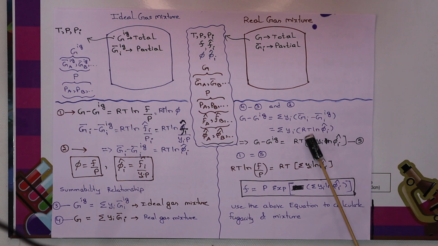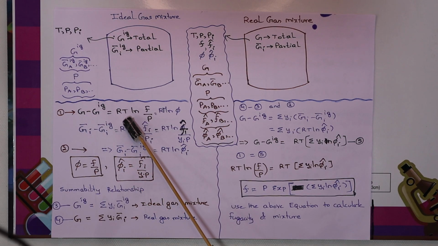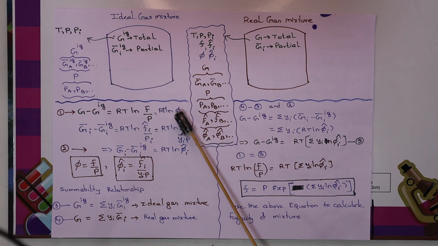Now, you take out this R, because the universal gas constant and temperature are constants. So, you get G minus G ig is equal to RT into sigma Yi ln phi i cap. You already know that G minus G ig is nothing but RT ln F by P, or RT ln phi.